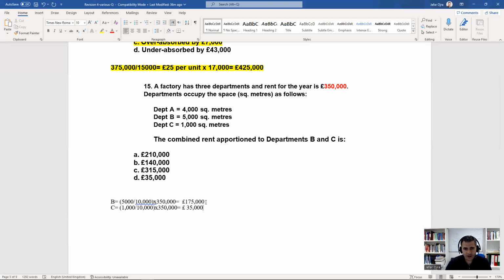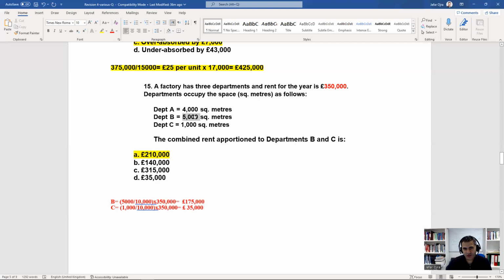If you add them all together, 35 plus 175, the total cost will be 210,000 pounds. I did make them separately, but you could do it together.